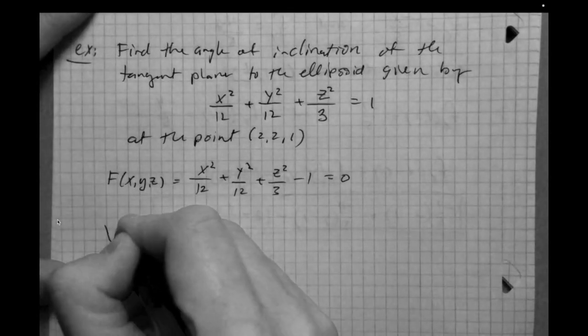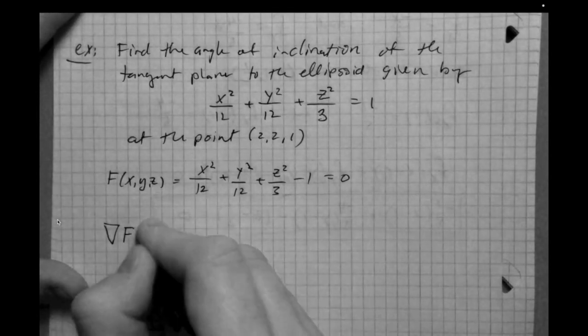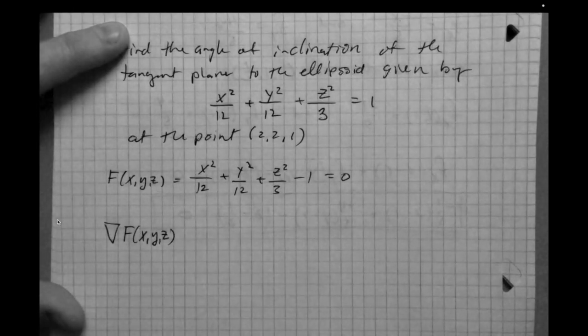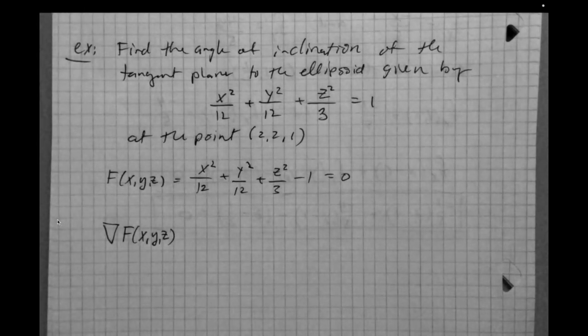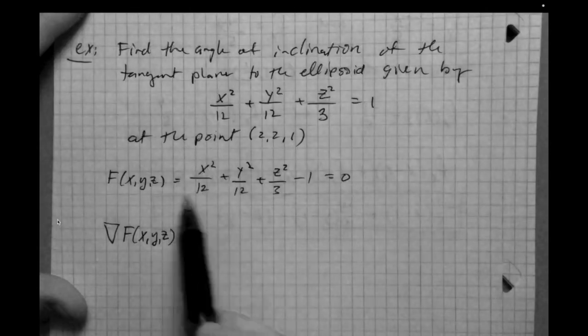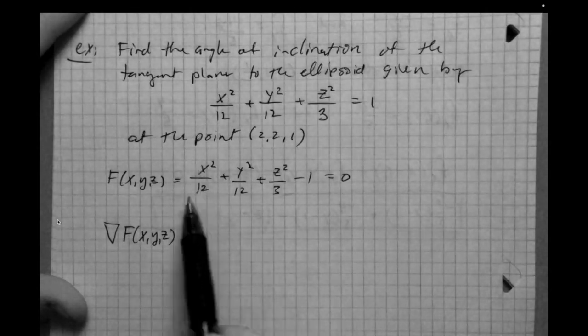Okay, so the gradient function. It's a vector valued function, right? And basically, how do we identify the gradient? Well, we identify the 3 partial derivatives and use them as the components in a vector valued function with i, j, k directions, right? So the partial derivative with respect to x is obviously going to just include this term, and it's going to be x over 6.